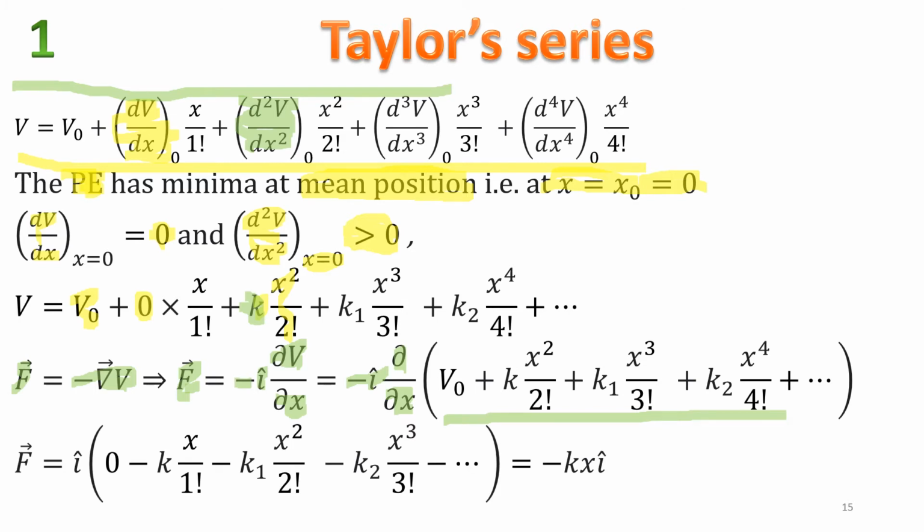Now here we already know that the first term is 0 because when you take the derivative of V0, which is a constant quantity, with respect to x, you ought to get 0. Then the second quantity is k. This k we have written, I'll highlight it separately. This is the k value, which is the second order derivative. This I'm writing here.